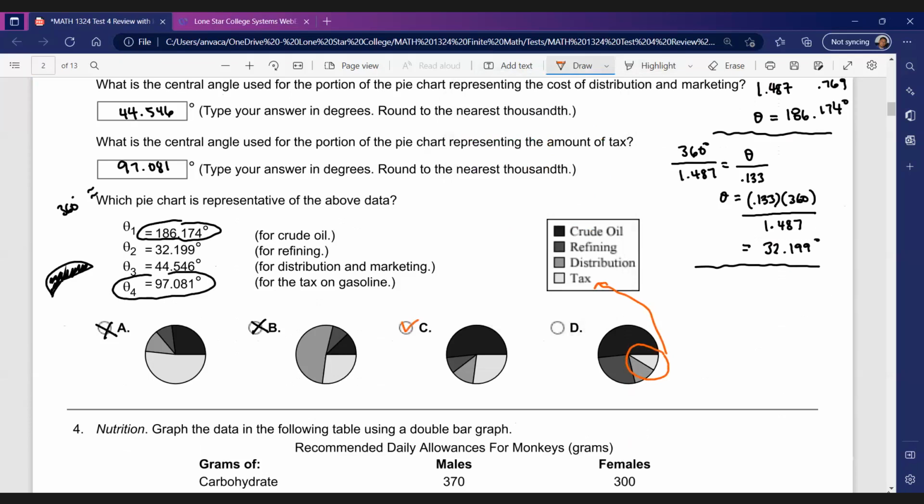So the right answer here is C. This angle right here looks very much like 97 degrees. That's how I was able to determine that it should be answer C versus answer D. All right, let's move on.